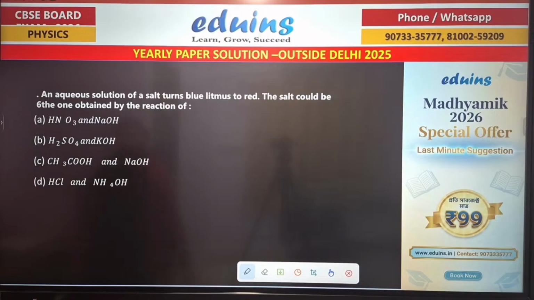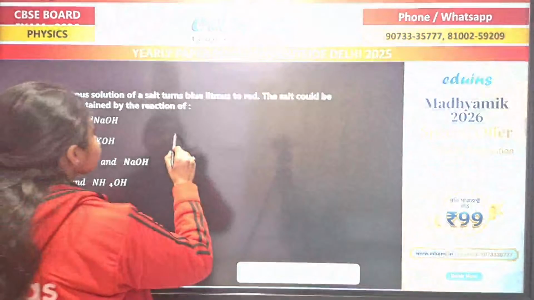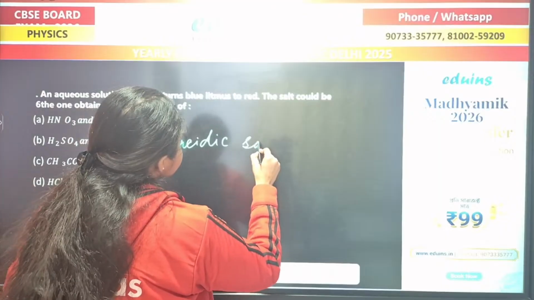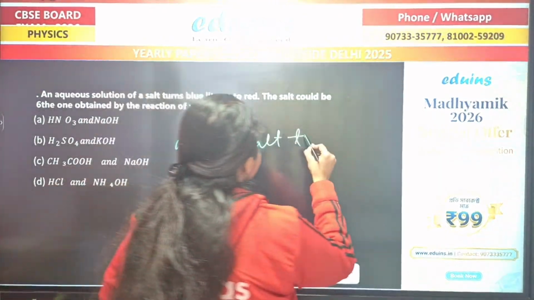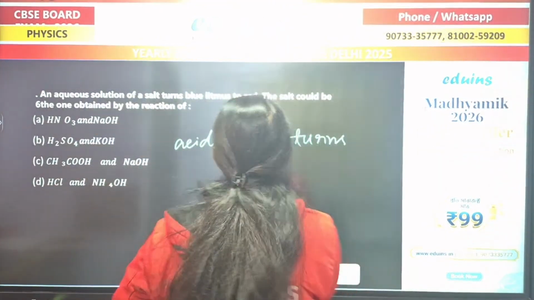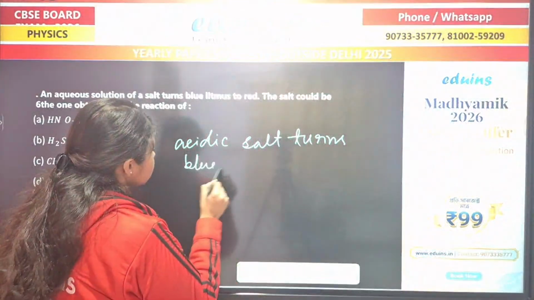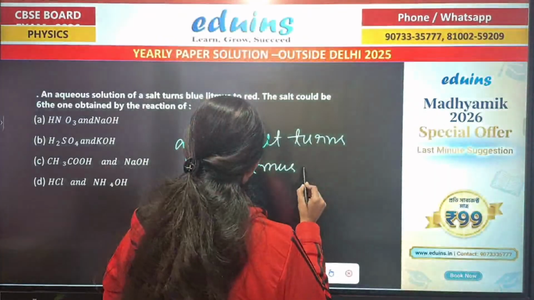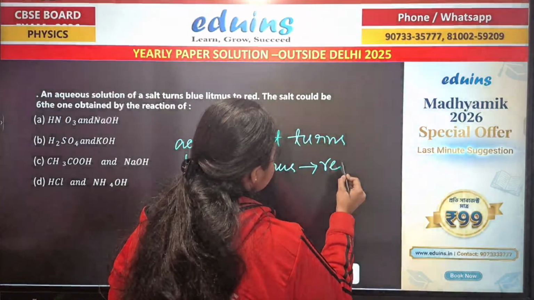So what turns blue litmus to red? Acidic salt. So acidic salt turns blue litmus to red. We know that, right?